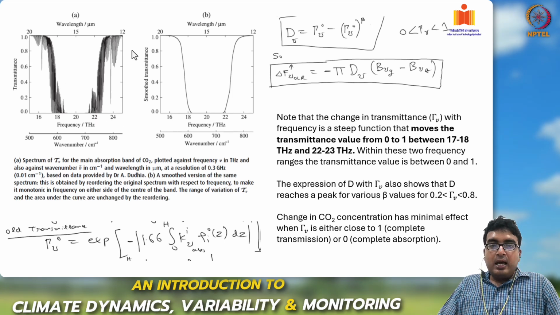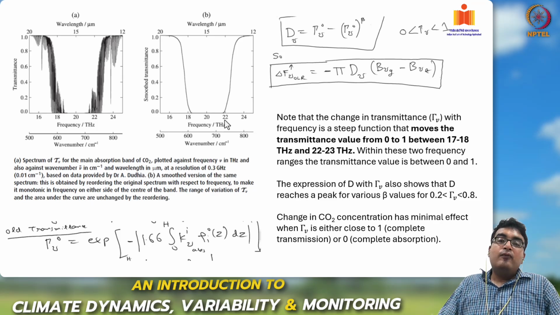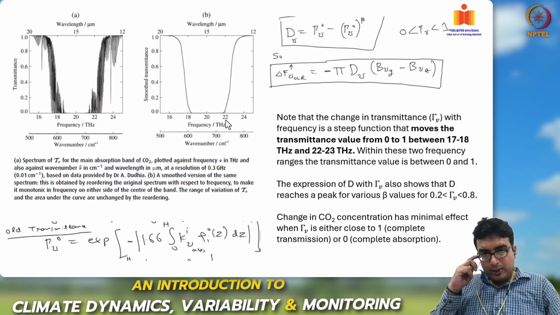If we smoothen out these ranges to take averages, then the smoothed out spectrum looks like this. So transmittance is 0 between around 18 and 22 and it goes to 1 at around 16 and 24 terahertz frequencies, and between 16 and 18 on one side and between 24 and 22 on the other side, we will have transmittance values which are between 0 and 1.